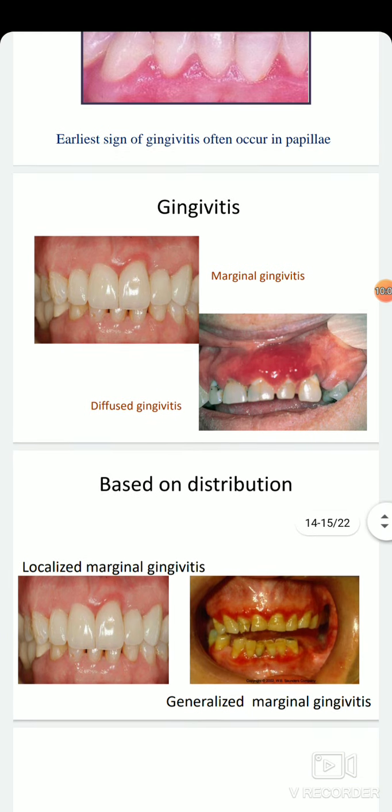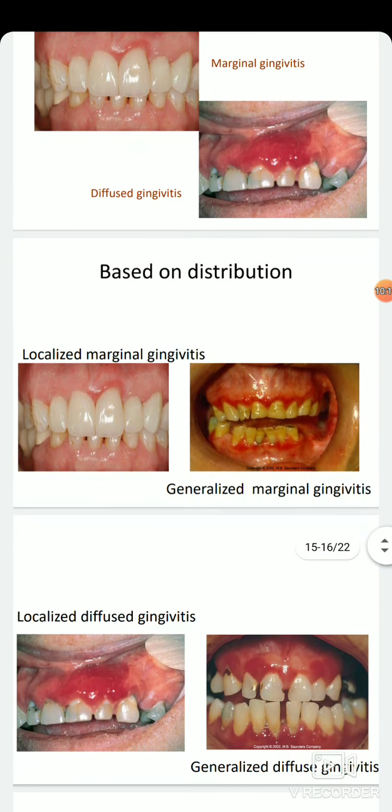gingivitis. Based on distribution of the disease, we have something called localized, to one particular area, and generalized gingivitis. Localized gingivitis, localizing itself to marginal gingiva, is diagnosed as localized marginal gingivitis. In the second picture, you can appreciate the generalized marginal gingivitis because the margins of the gingiva are inflamed in all the teeth.